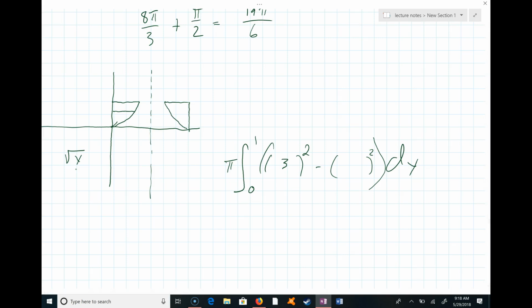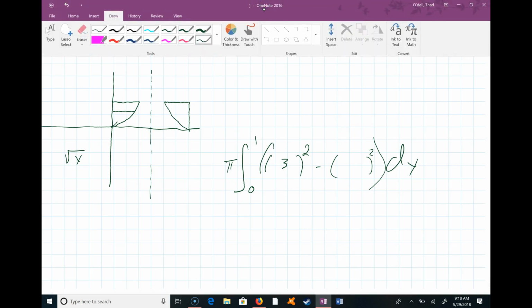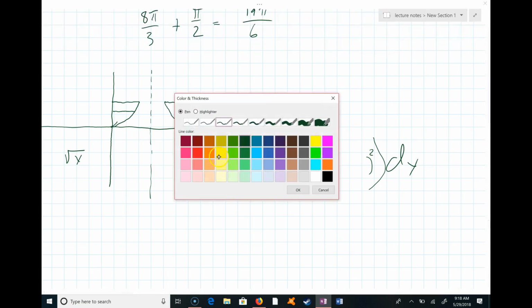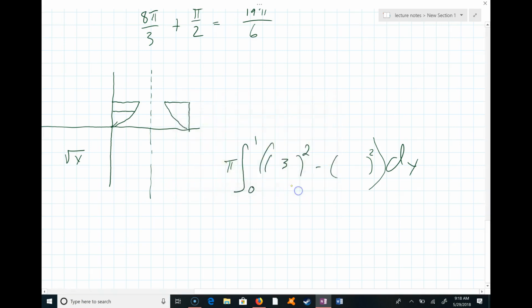And what we want is, here I'll do highlighting so you can see it. What we want is this line right there. I'm sorry, no, that's not right. What we want is that line right there. Right?